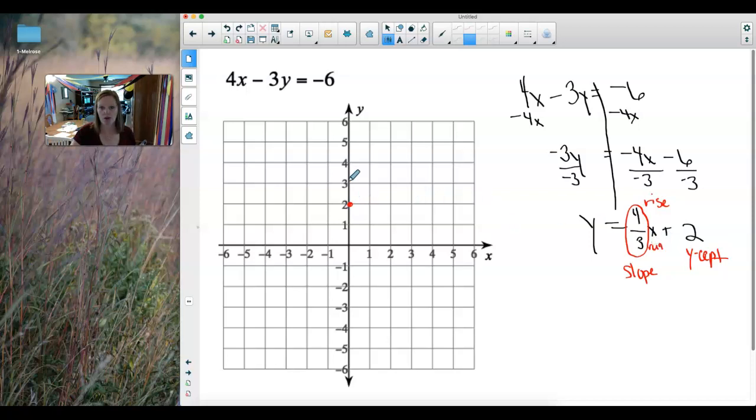So up 4, 1, 2, 3, 4, and over 3. We could also go down 4 and left 3. So there's your points, and then just draw a line through them. So there's the graph of that equation.